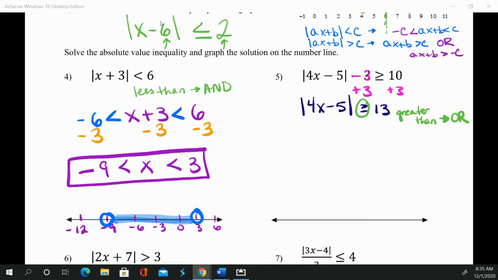Greater than, typically, there's a little more work involved because we have to write those two separate inequalities. So that's another helpful thing, is greater than is typically more work.